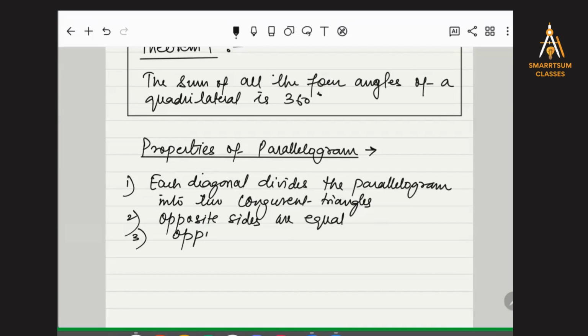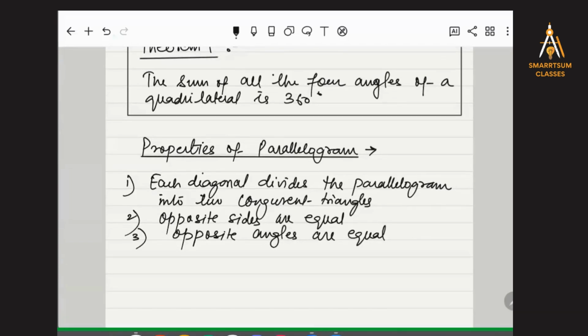Opposite angles, not sides this time, opposite angles are equal, right? So opposite sides are equal, opposite angles are equal. Each diagonal divides the parallelogram into two congruent triangles, right? Means each diagonal bisects the parallelogram, right?